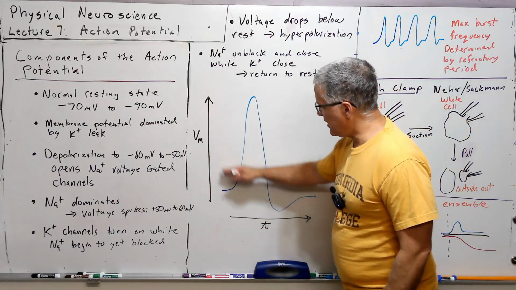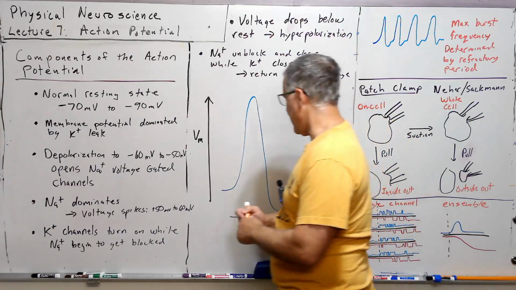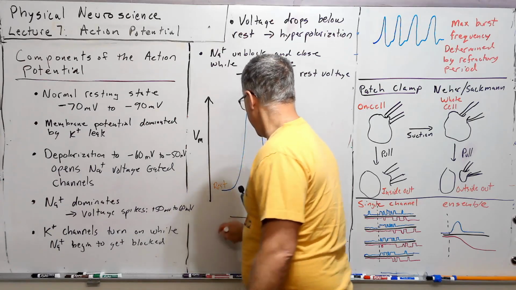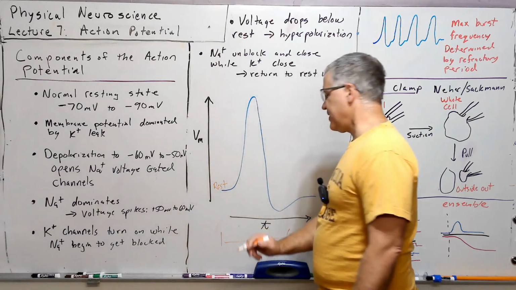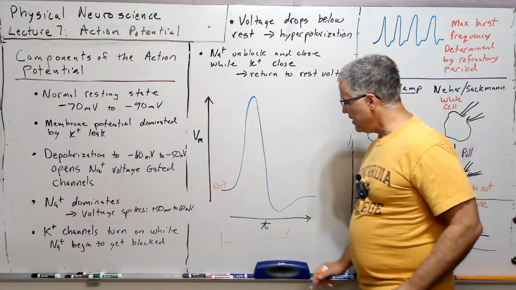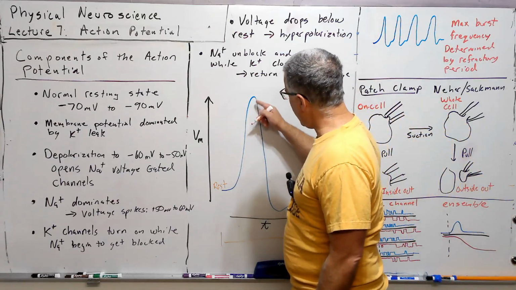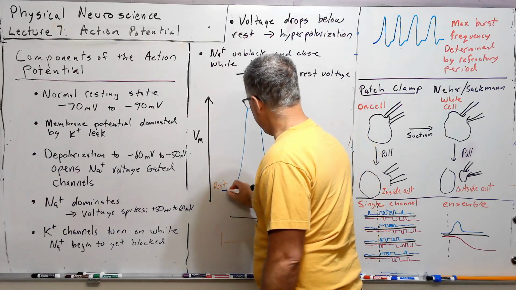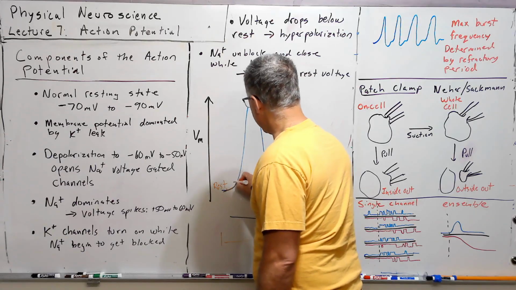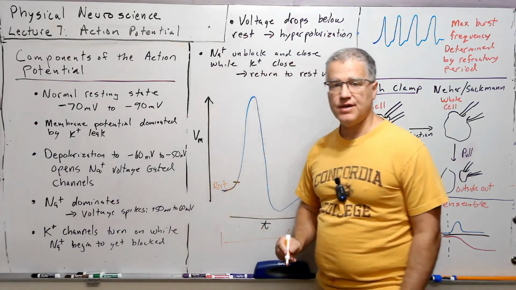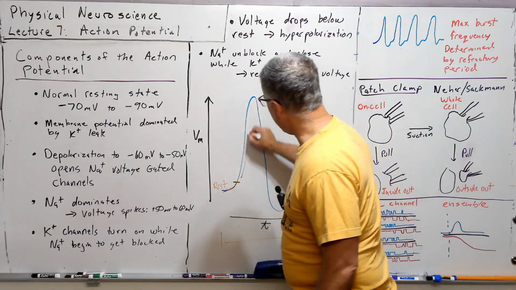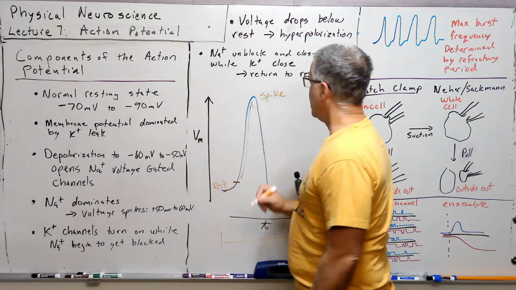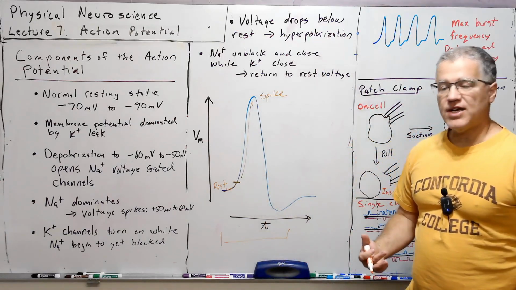Okay, so let's trace that through time. Here's time here, here's voltage here. Here we're at rest. So this whole thing is considered the action potential. We're at rest. We begin to depolarize for some reason, and we hit threshold. And then we have this massive spike because the sodium channels now are fully open.